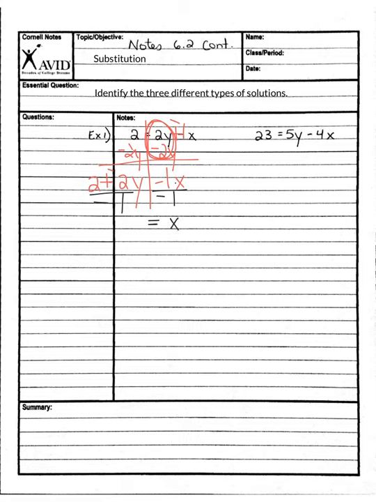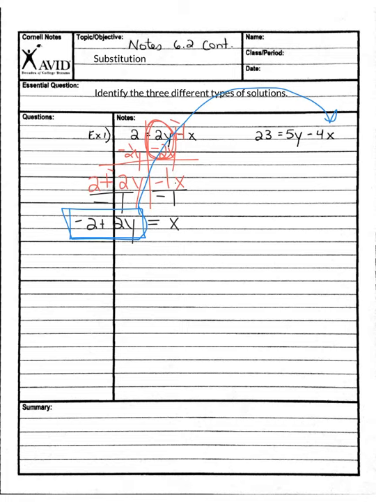So what am I doing? I am getting the x all by itself so I can substitute and solve. So I would have a negative 2 plus 2y equals the letter x. Now that I have that, I'm going to box this in, and I'm going to plug it into my x in my other equation.